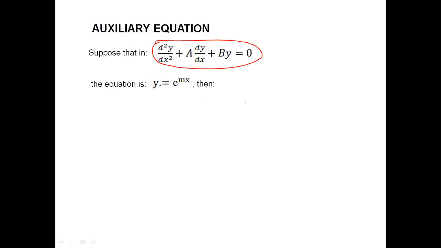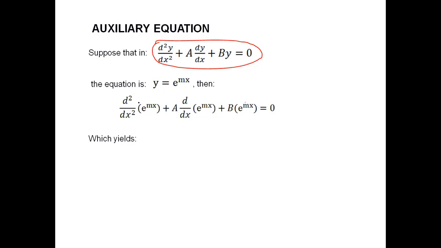Then we have this expression: d2 of e raised to the power mx over dx squared plus a d over dx of e raised to the power mx plus b, then open bracket, e raised to the power mx, is equal to 0.